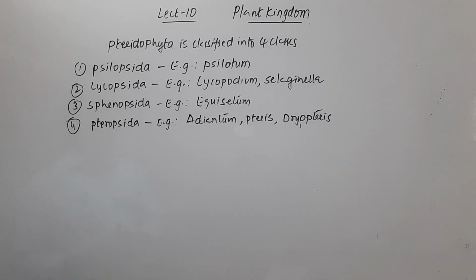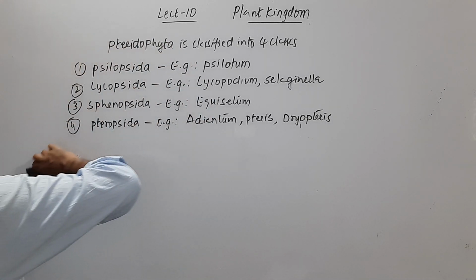So this is about the four classes of the group Pteridophyta. With this we complete the characters of Pteridophyta. We will move on to the next group of plants called Gymnosperms.